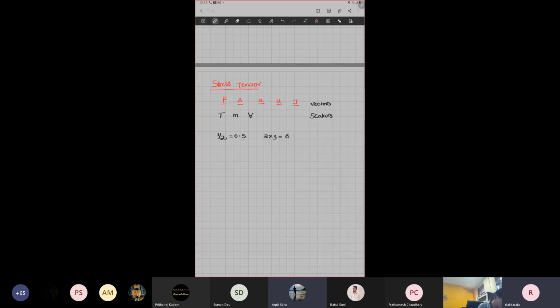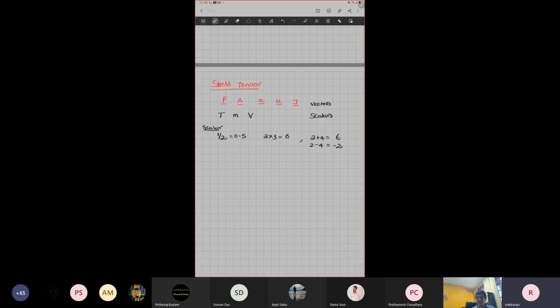Wonderful. What is 2 plus 4? 6. 2 minus 4? Minus 2. Wonderful. For scalars, it is very well defined. Division, multiplication, addition, subtraction are there.